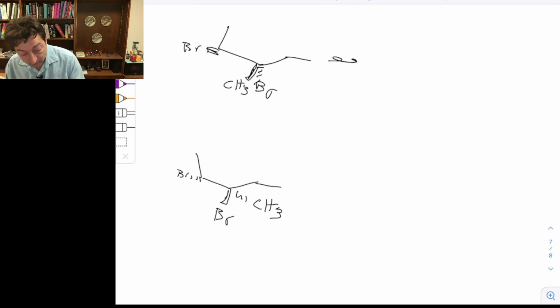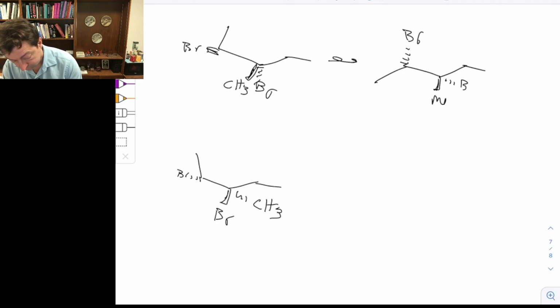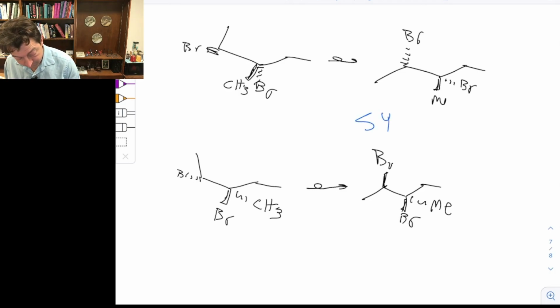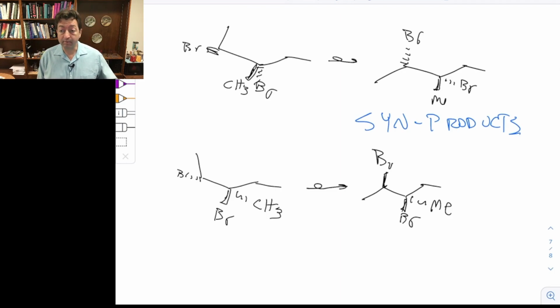And what we get if we redraw these in the lowest energy conformations, where these, again, we would refer to as the syn products, where both elements of bromine that come in are on the same side of the molecule.